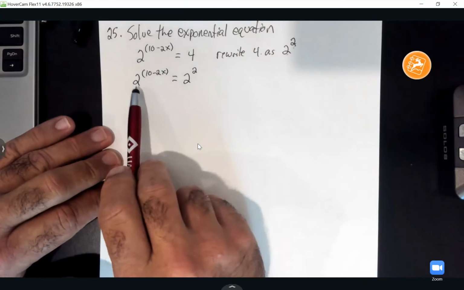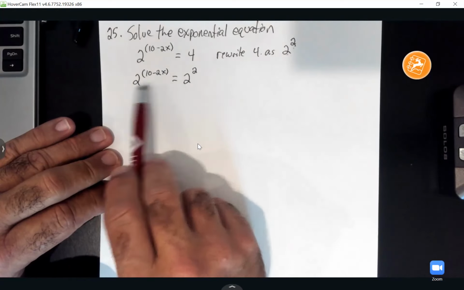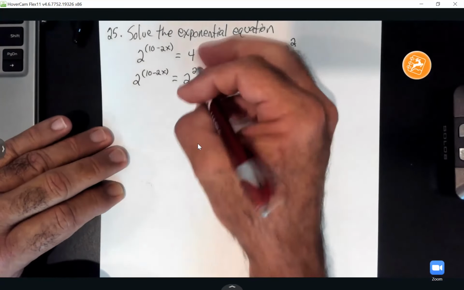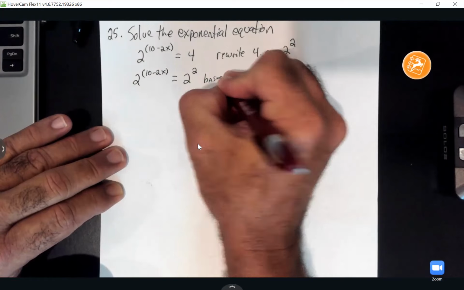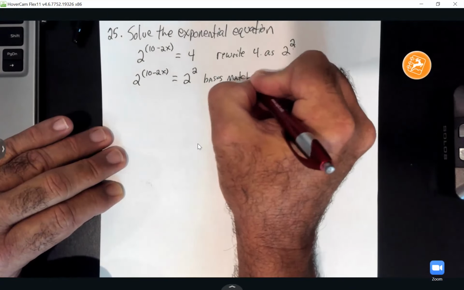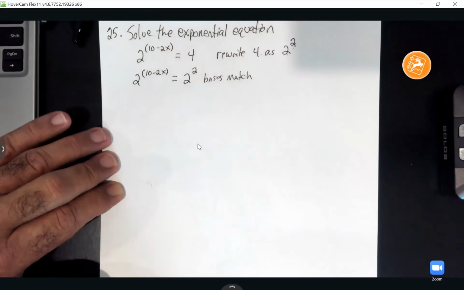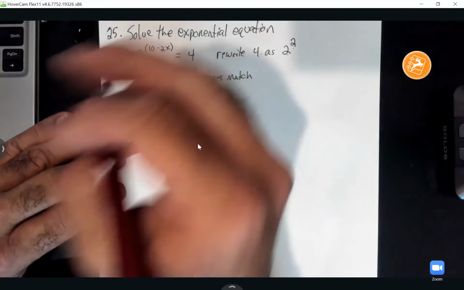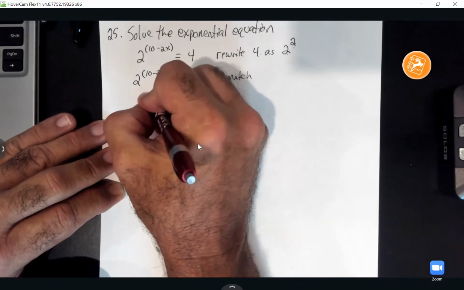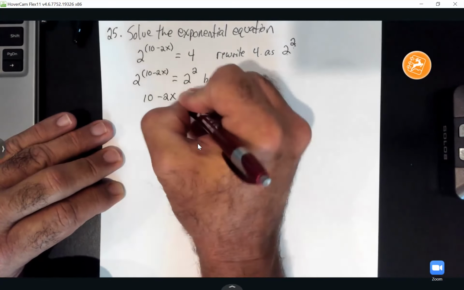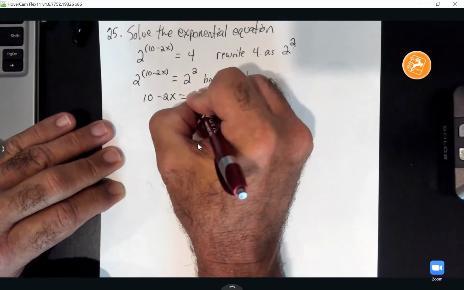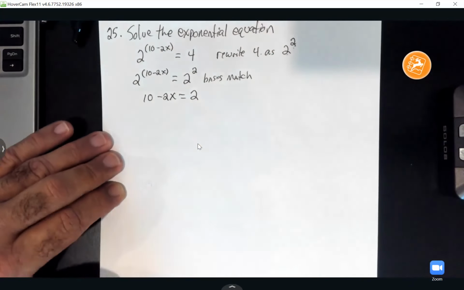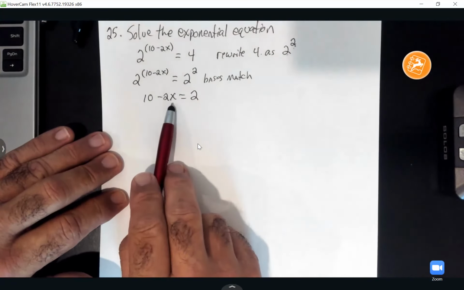Basically now, since I've got both of these rewritten with the same base, those bases match. So if the bases match, what does that tell me? The exponents will equal each other. So 10 minus 2x will equal that exponent of 2. And y'all guess what? At this point, we're just solving for x.